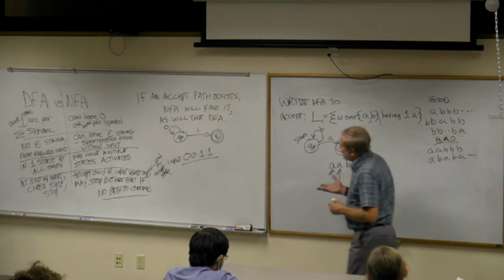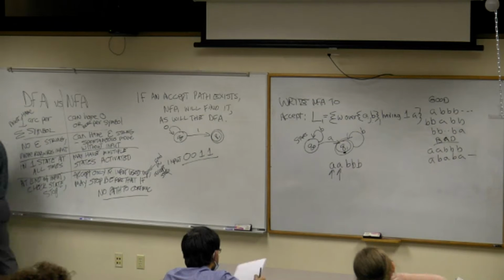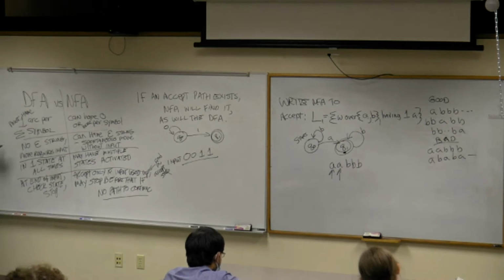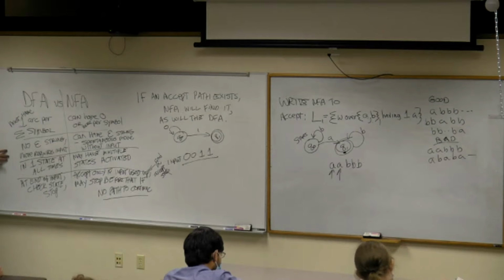So with these differences, one might reasonably suspect that NFAs are more powerful than DFAs. Well, for DFAs, we have the equivalence with regular languages. We said every regular language has a corresponding DFA, and every DFA defines or accepts a regular language. So there's an equivalence.